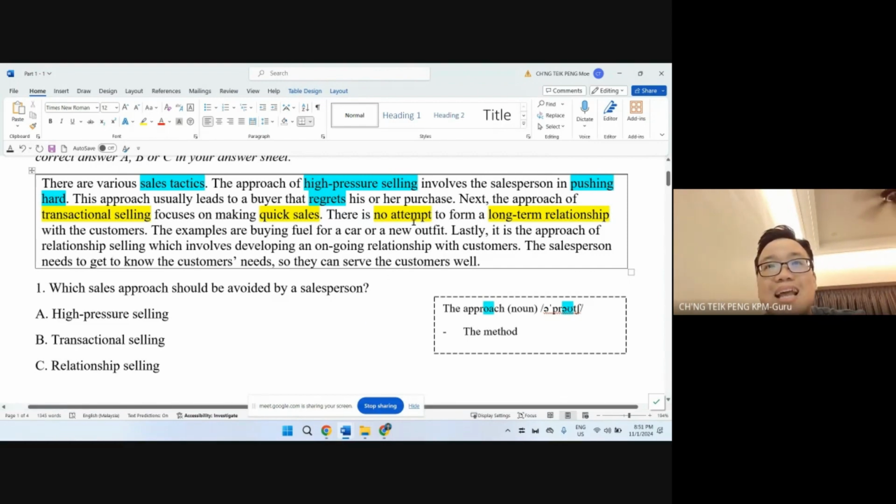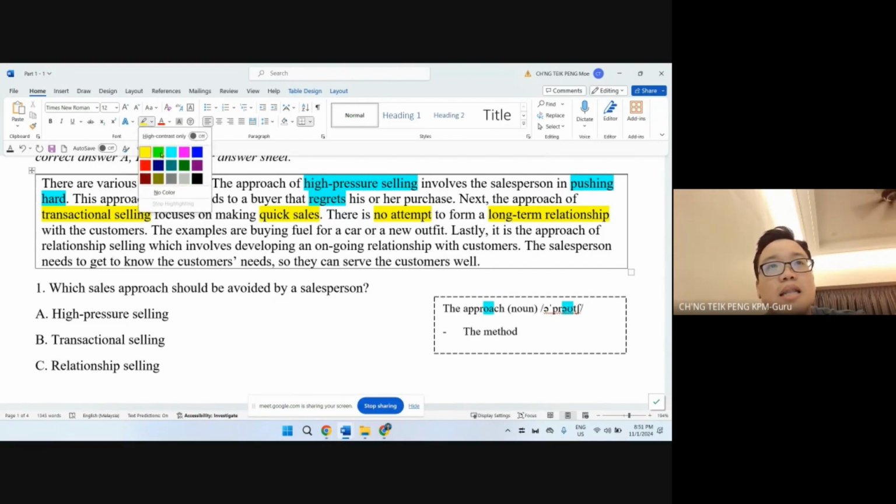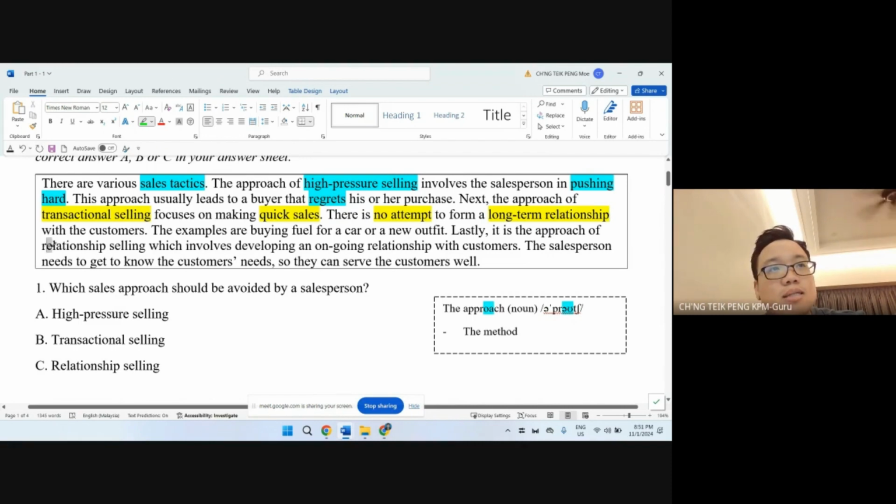Now, the last one, all right, the last one. Lastly, it is the approach of relational selling, okay, relationship selling. So that's the third approach of selling, which involves developing an ongoing relationship with the customers. The salesperson needs to know the customer's needs so they can serve the customers well.